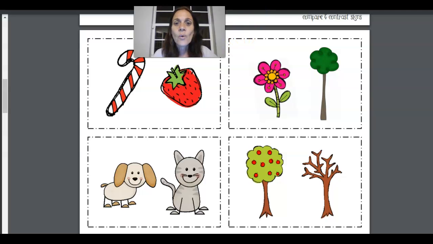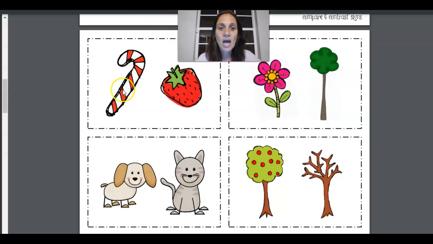All right. So I have here a picture of a candy cane and a strawberry. So I want one person in your group to talk about how we can compare and contrast the candy cane and the strawberry. How are they the same? How are they different? The substitute's going to hit pause, and one of you in your group will whisper to the rest of your group, saying how they're the same and how they're different.